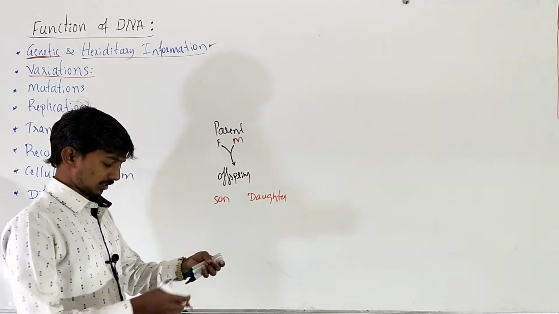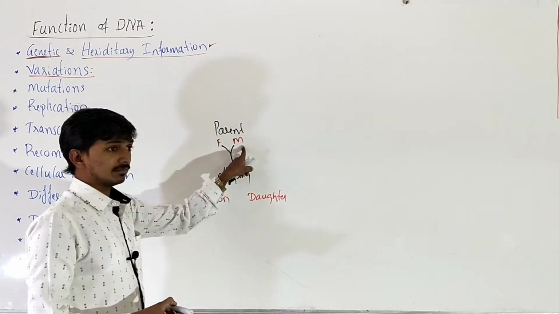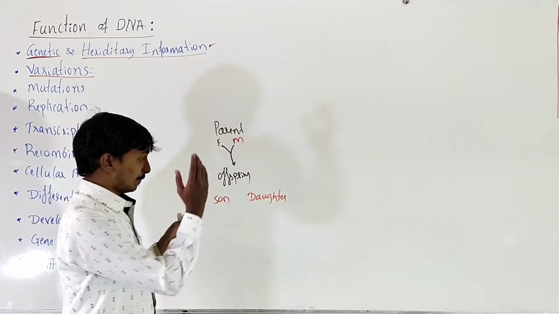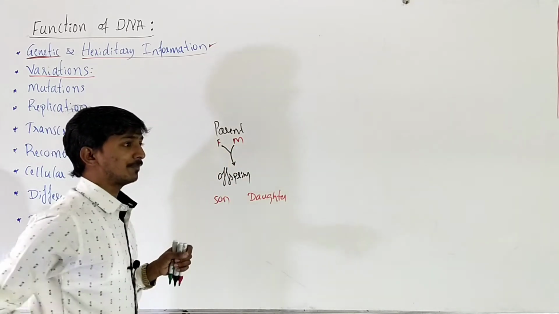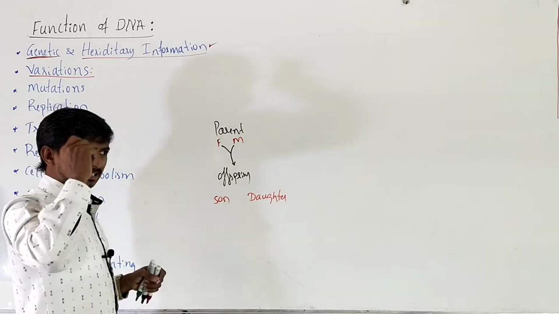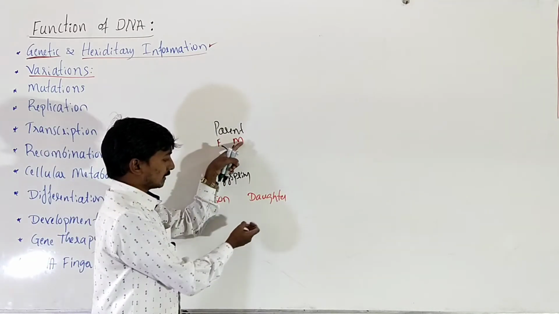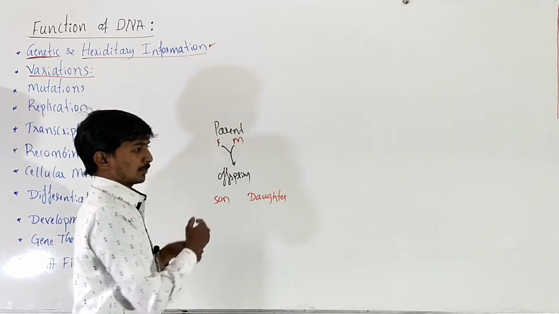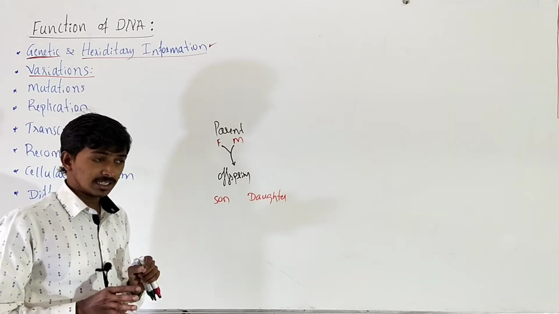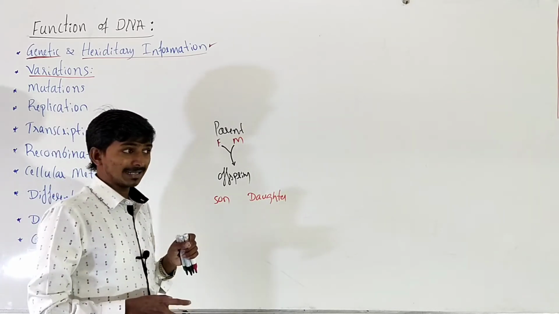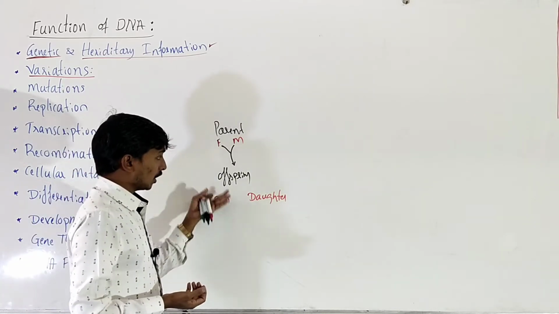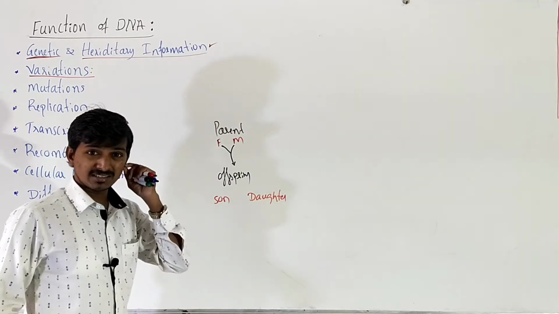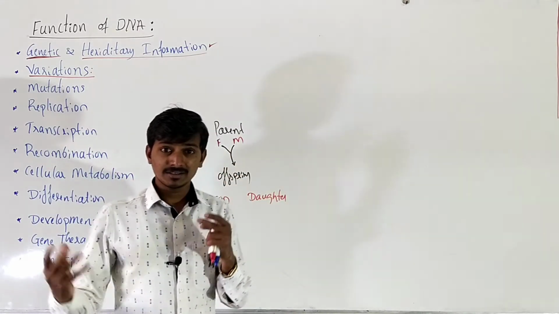If the offspring is a daughter, she will not be exactly like the mother. There must be at least a few differences between parents and offsprings. Of course, some characters are like the father or mother: the nose is like the father, the ears are like the mother, the eyes are like the father.